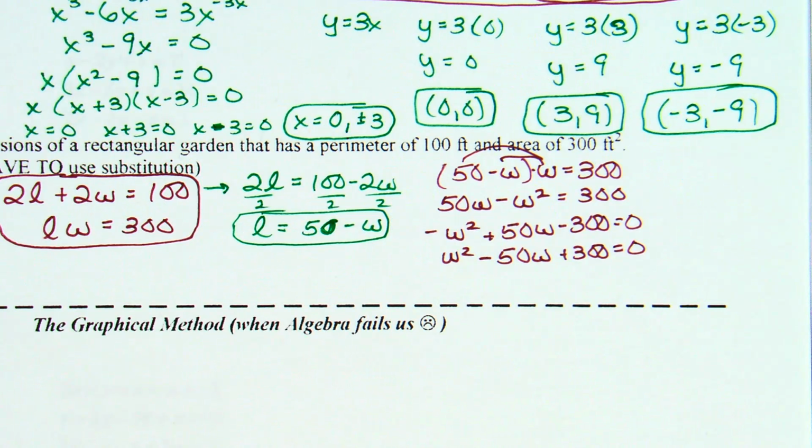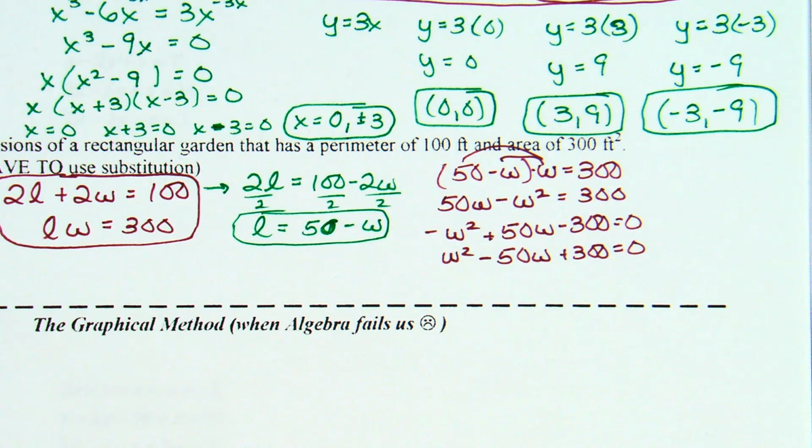Okay, so let's see, do I have time? W equals negative b, so 50, plus or minus the square root, clean up, 50 plus or minus, 50 squared is going to be 2,500. 4 times 1 times 300 is 1,200.